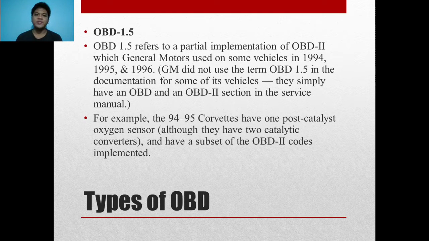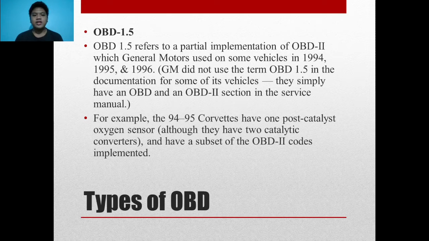OBD 1.5 refers to a partial implementation of OBD2 which General Motors used on some vehicles in 1994, 1995, and 1996. GM did not use the term OBD 1.5 in the documentation for some of its vehicles, and simply had an OBD and OBD2 section in the service manual.